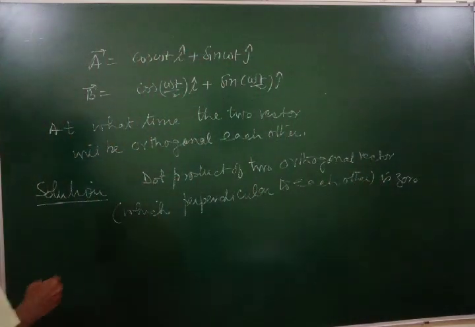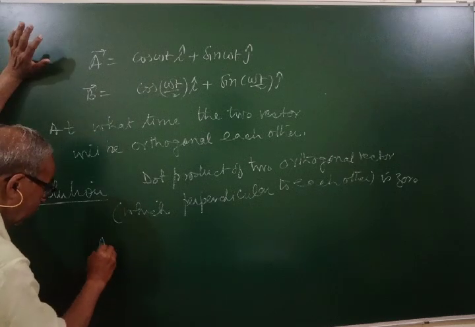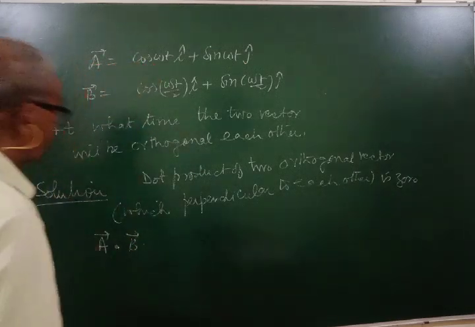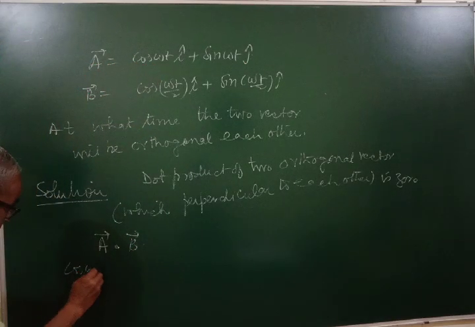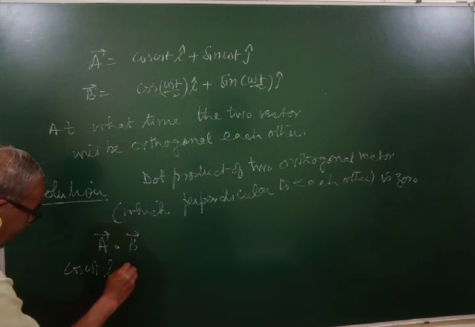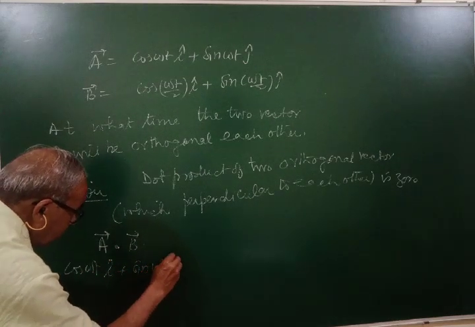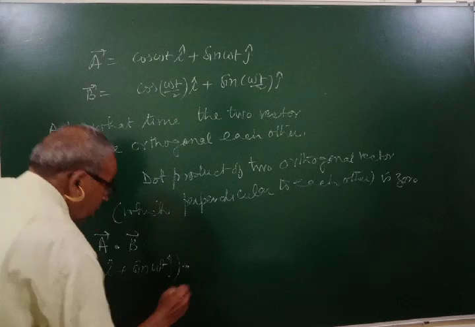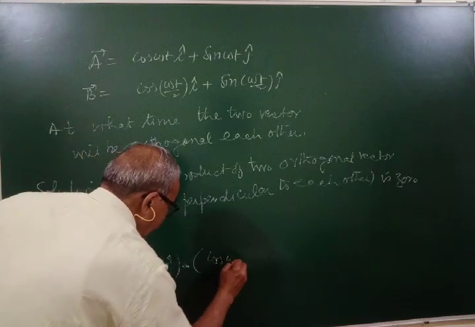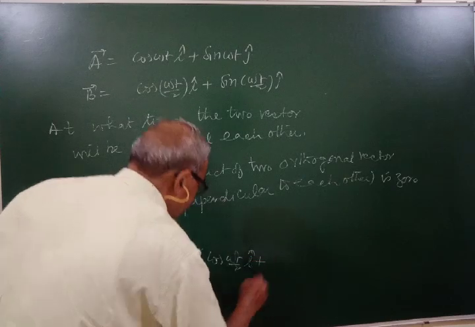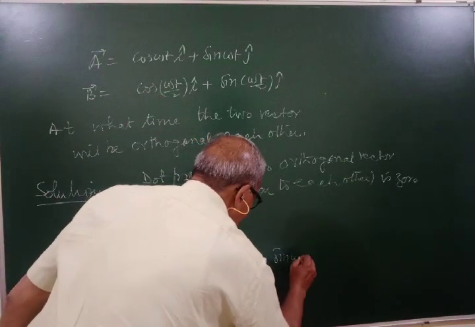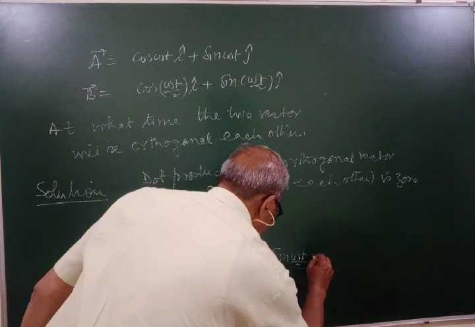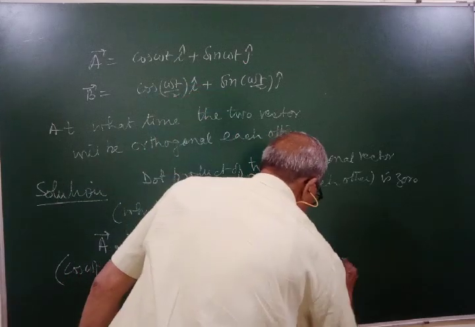So if A and B are orthogonal, then A dot B is equal to 0. And A is this, therefore (cos omega t i cap plus sin omega t j cap) dot (cos omega t by 2 i cap plus sin omega t by 2 j cap) is equal to 0.